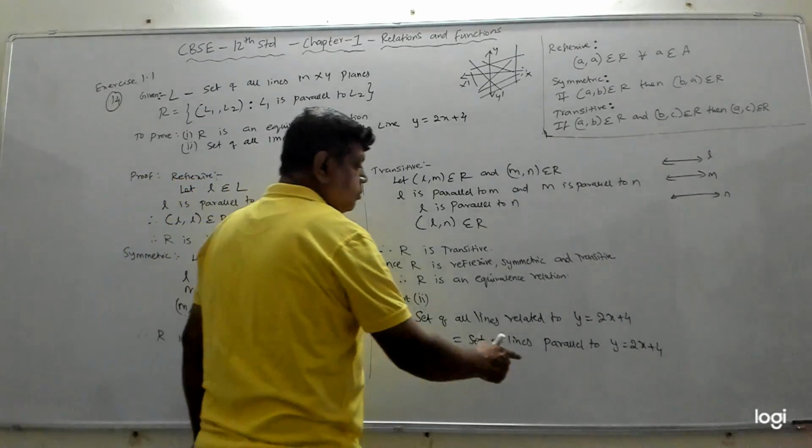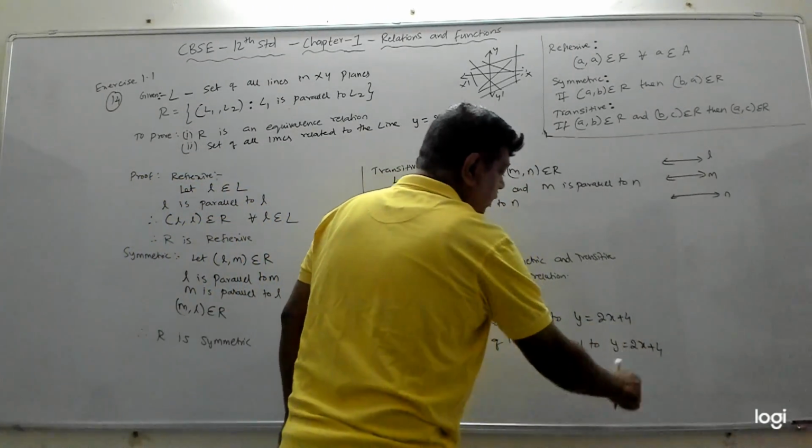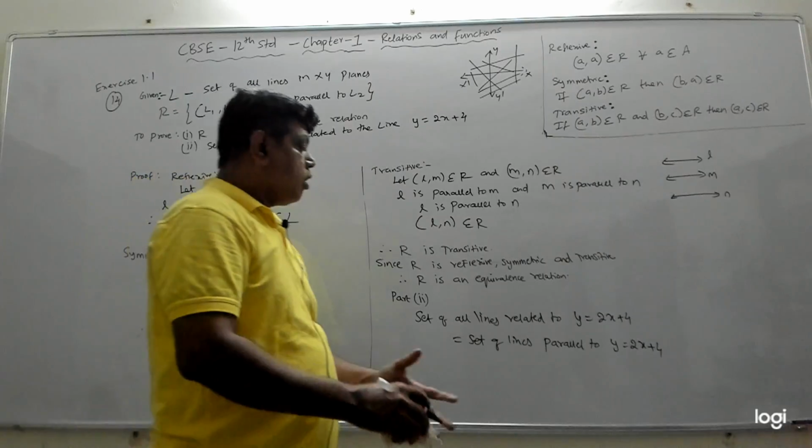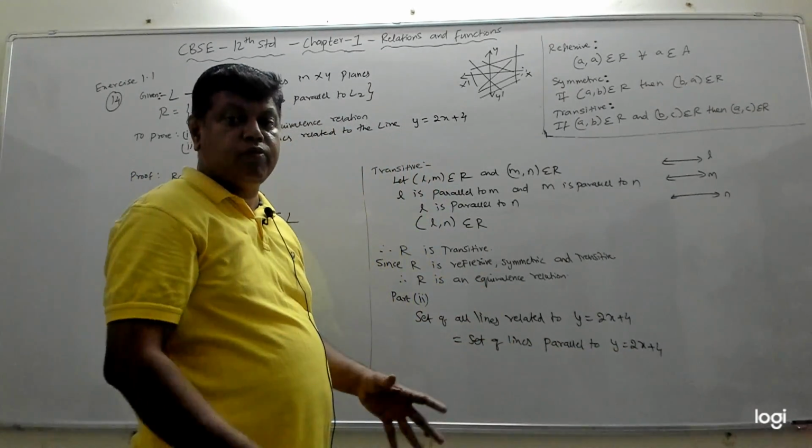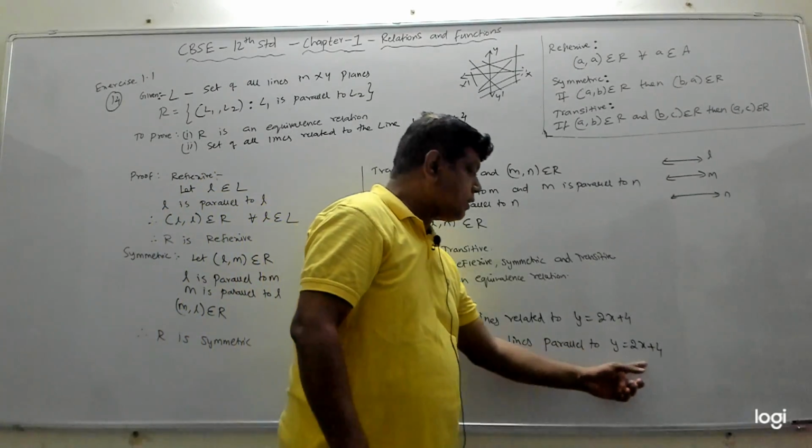Right? All the lines which are parallel to this will have the same slope as this line.